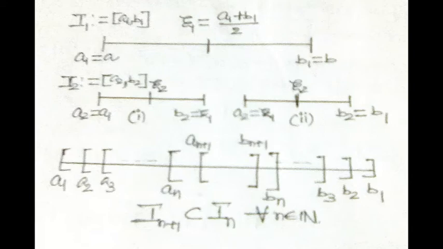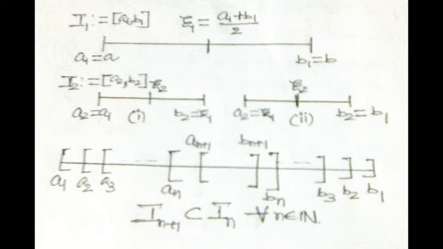So this is the first step. For the second step, we have to consider another subinterval I2, which will be denoted as a2b2. In this case, a2 will be the previous point a1 and b2 will be xi1.